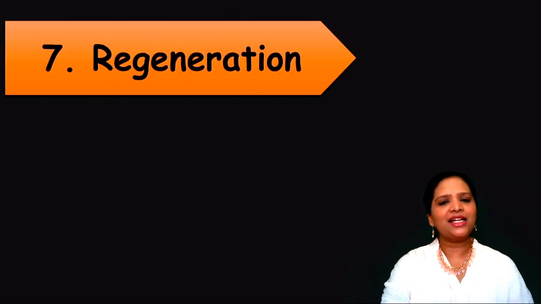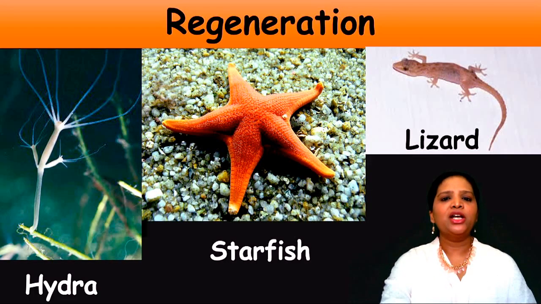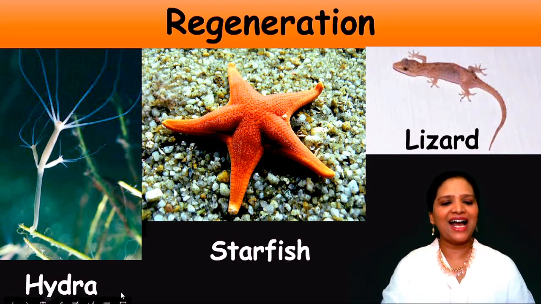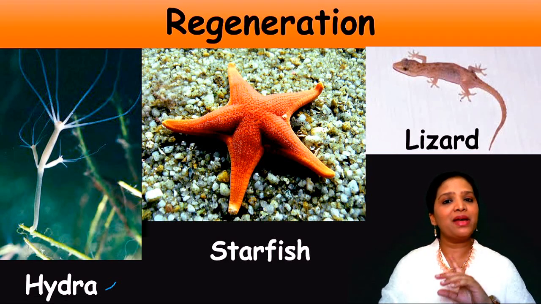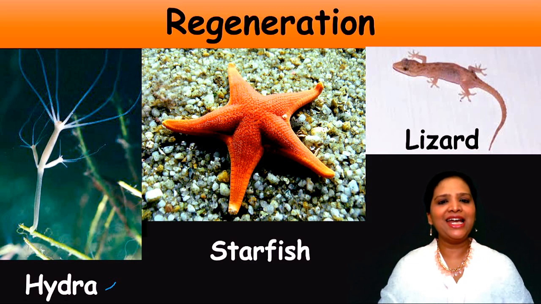So let us see the last part of asexual reproduction in organisms, which is regeneration. A very good example for the regeneration method of asexual reproduction is Hydra. Again you see Hydra. Hydra reproduces by budding, and it also undergoes regeneration. Another example is starfish and lizard, house lizard particularly.